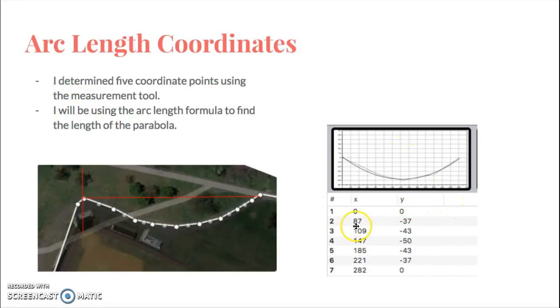We have 0, 0, 87, negative 37, 109, negative 43, 147, negative 50, 185, negative 43, 221, negative 37, and 282 and 0. And again, this is just the graph that was drawn out using the app that I used. This is the actual parabola, and then there's the line of best fit, and I will talk about that equation in the next slide.